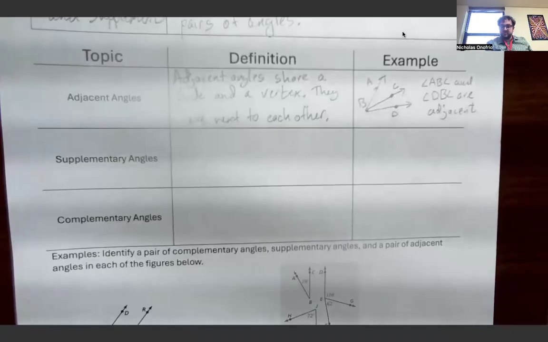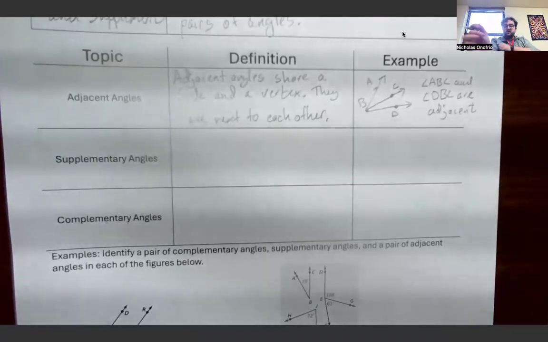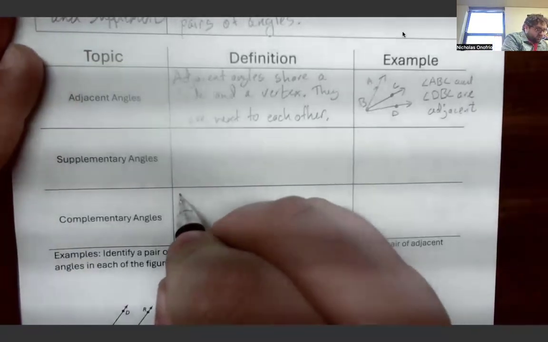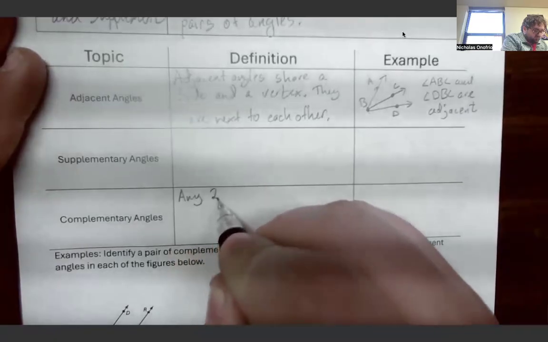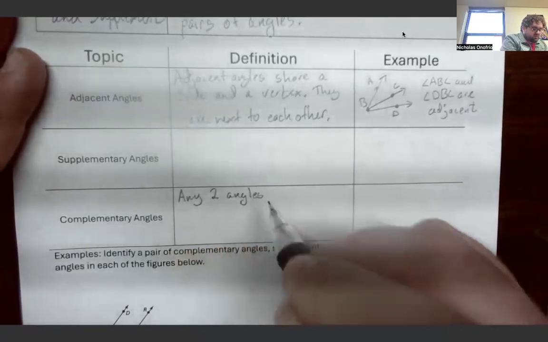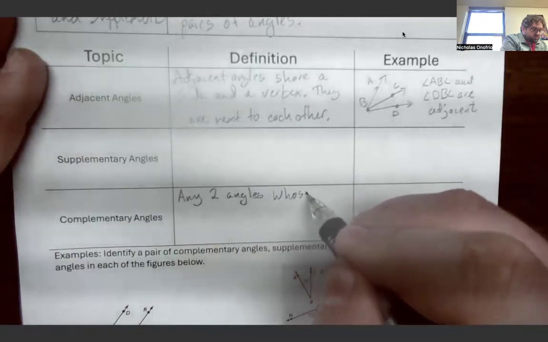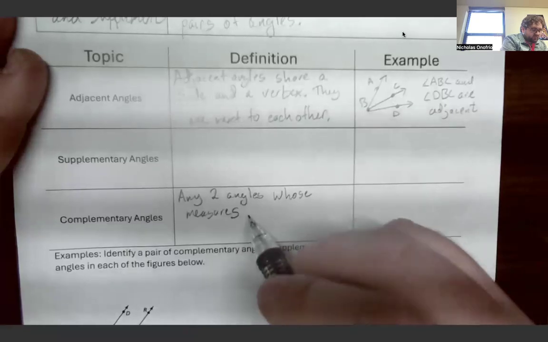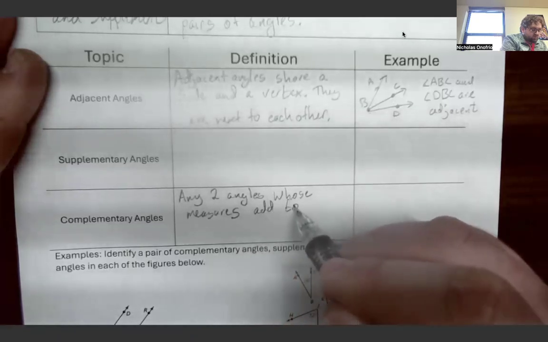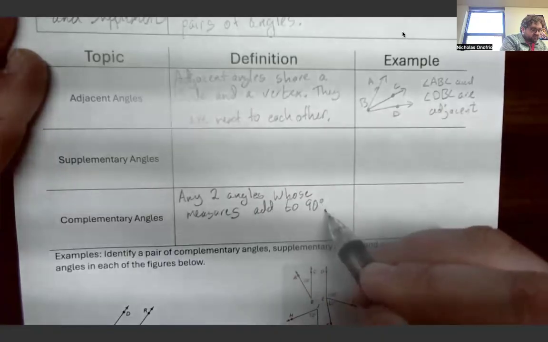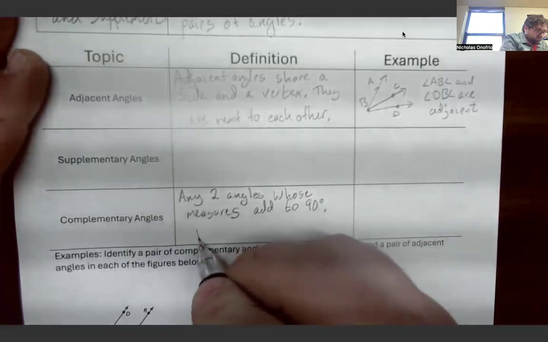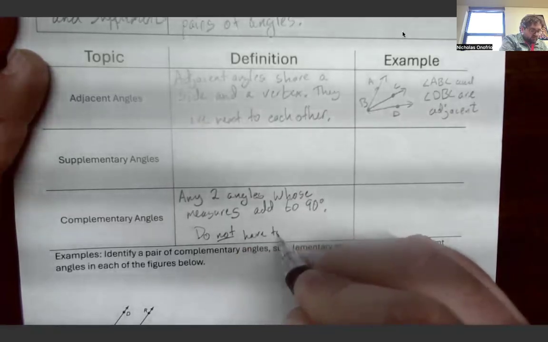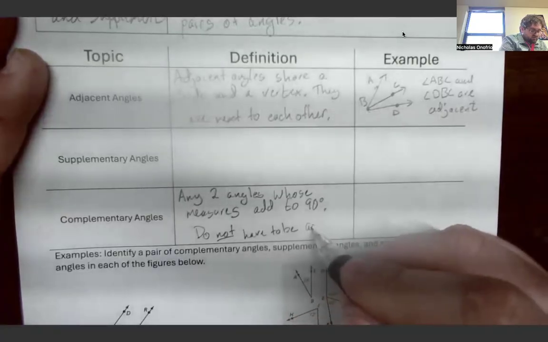We're actually going to skip supplementary angles for now, and move to complementary instead. Complementary angles are any two angles whose measures add to 90 degrees. They do not have to be adjacent.